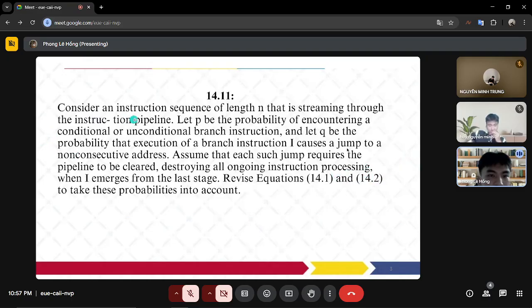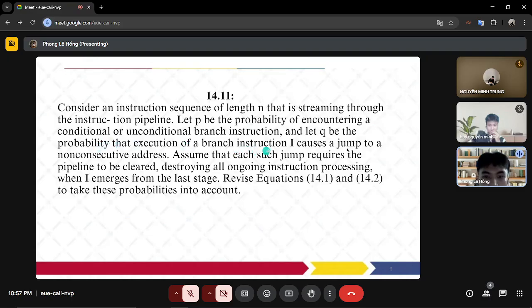14.11. Consider an instruction sequence of length n that is streaming through the instruction pipeline. Let p be the probability of encountering a conditional or unconditional branch instruction, and let q be the probability that in execution of a branch instruction it causes a jump to a non-consecutive address.